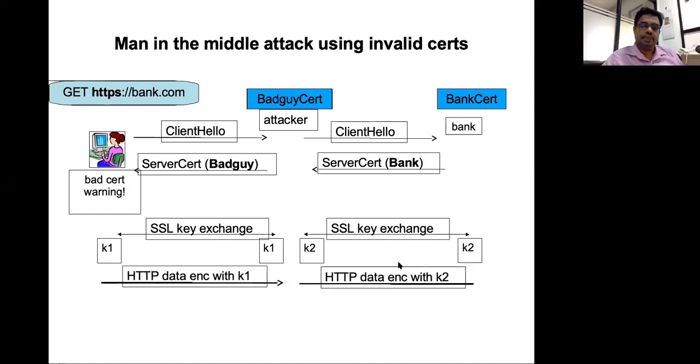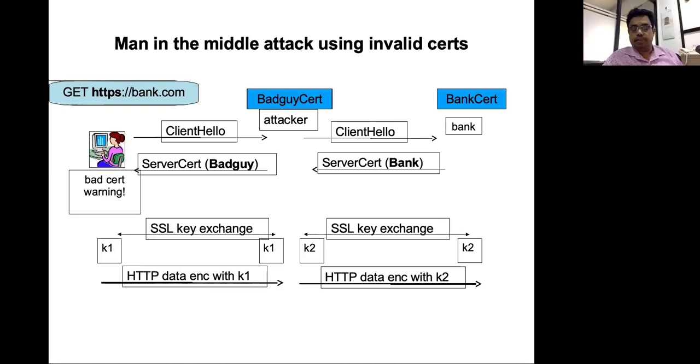So then what happens? Your browser will encrypt the data with key K1 and it comes to the attacker. The attacker will decrypt that, re-encrypt using key K2 and send it to the bank. The bank doesn't know whether it's from the attacker or the correct browser.